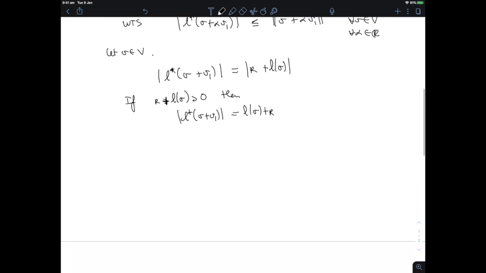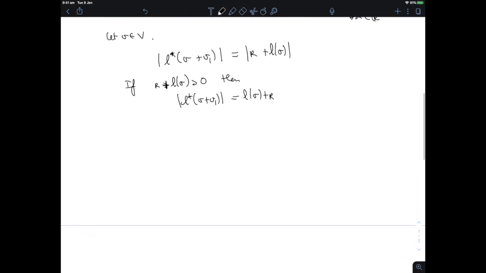So that is to say that my L(v) plus R has to be smaller than L(v) plus minus L(v) plus norm of V minus V1. Sorry, plus V1. And then the L(v) cancel, and that is exactly what I want, V plus V1.